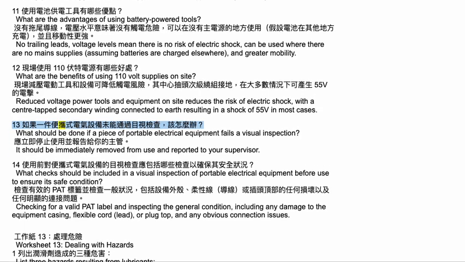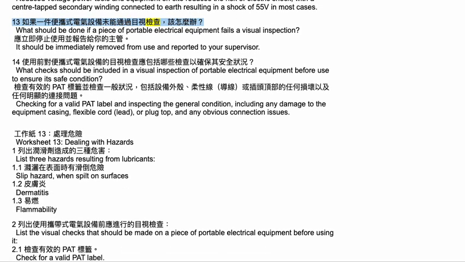13. What should be done if a piece of portable electrical equipment fails a visual inspection? It should be immediately removed from use and reported to your supervisor. 14. What checks should be included in a visual inspection of portable electrical equipment before use to ensure its safe condition?